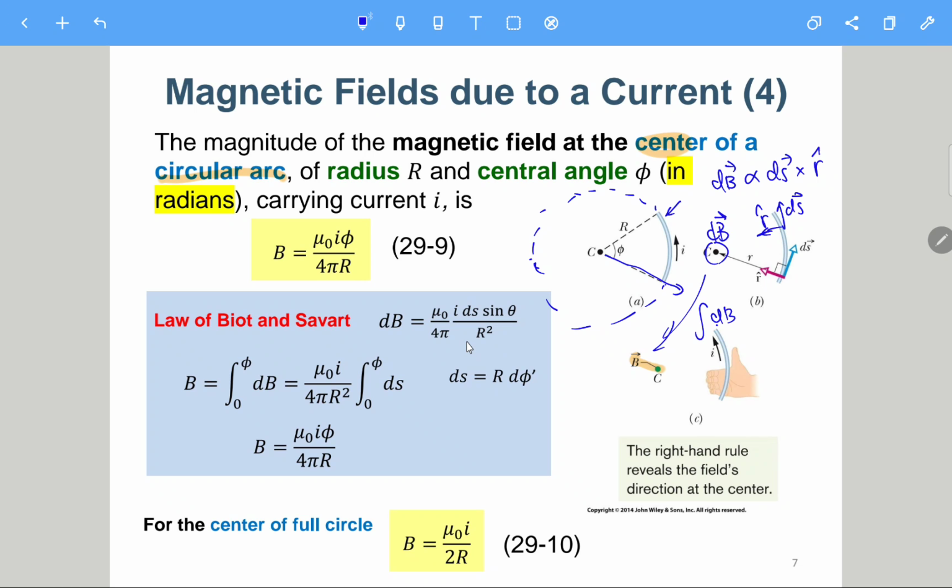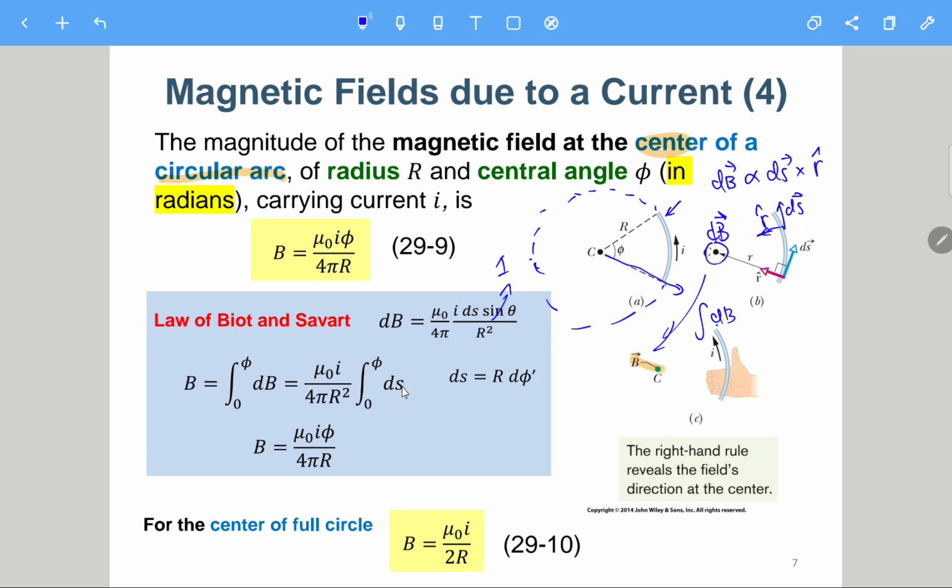And of course sine theta is 90 degrees, so this is 1. ds is always in the tangent direction, so it's always perpendicular to r. So sine theta is always 1.